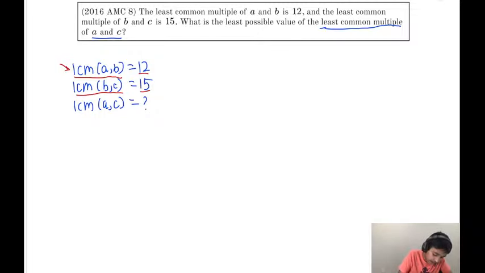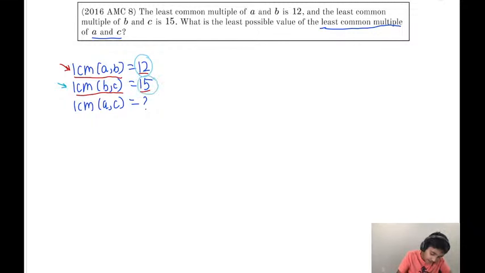Similarly, B will also be a factor of the LCM of B and C, since the LCM of B and C takes the factors of B and C together. So B will be a factor of both the LCM of A and B and the LCM of B and C. So B is also a factor of 12 and 15.